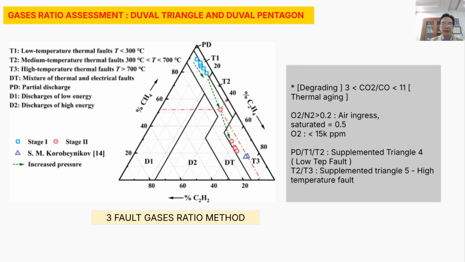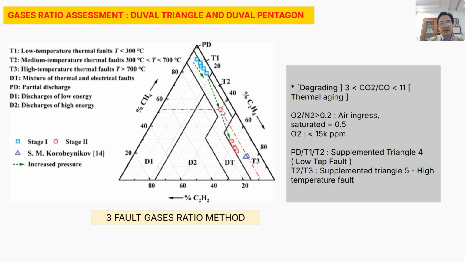Then we determine the percentage of each gas. We make the plot here with lines parallel to the previous edge of the triangle.